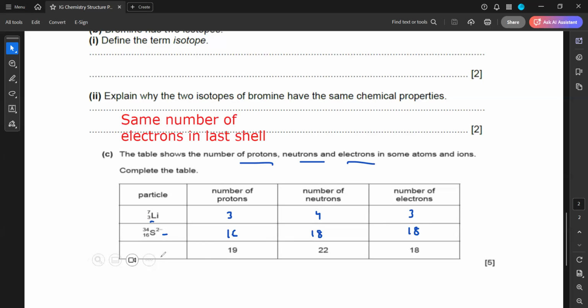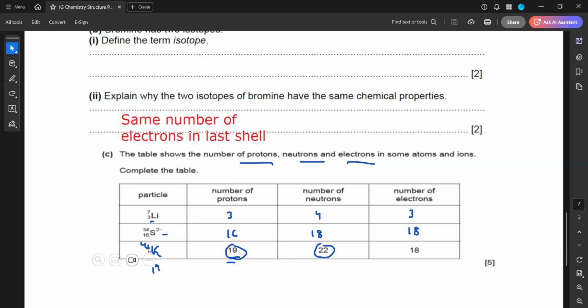Then we have to identify what this element is, with proton number 19. Proton number is the identity of the element. So if an element has proton number 19, you check the periodic table and you will find that it is potassium. So this will be potassium, which is 19. And what about the nucleon number, 19 plus 22? So 41.